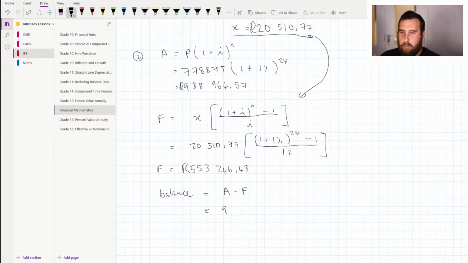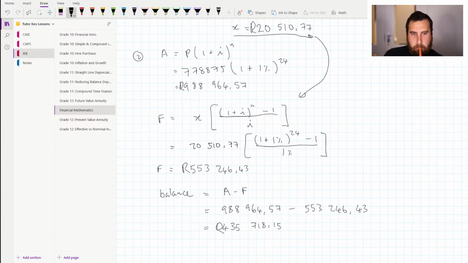So that's going to be 988,964.57 less our 553,246.43. And that gives us an answer of 435,718 Rand and 15 cents.